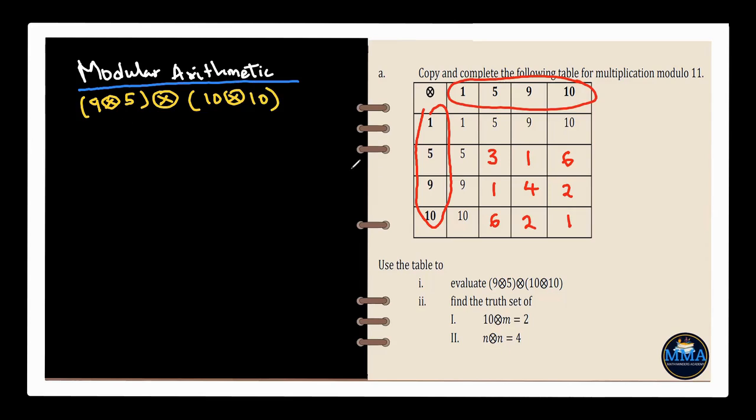Now, if you look at the first bracket, let's look at 9 times 5. 9 times 5 from the table is 1. So here we have 1.